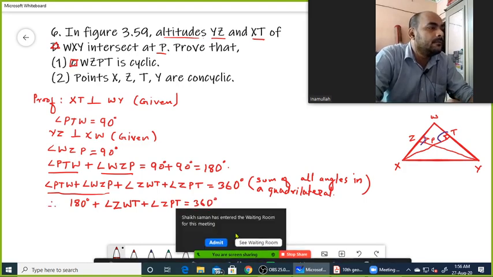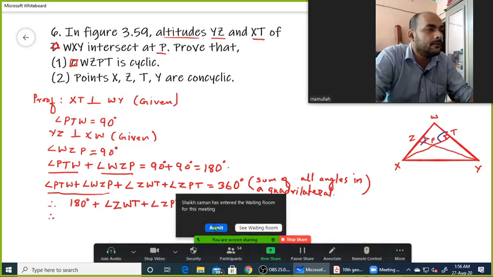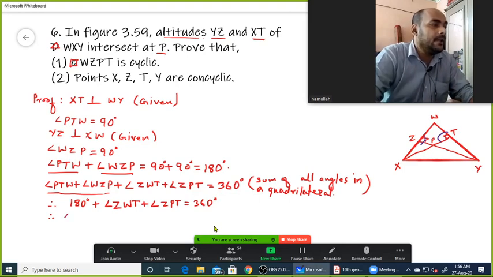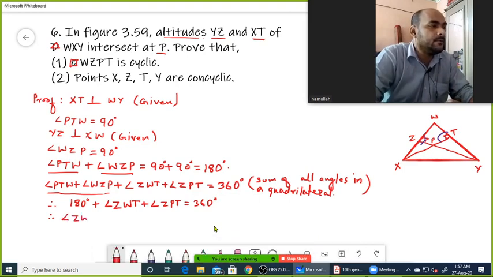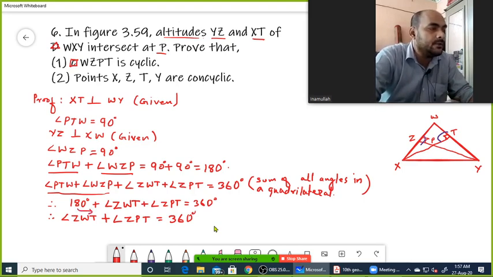Now I can keep angle ZWT and angle ZPT on one side and 360 on the other side of the above equation, and this 180 can be taken to the right hand side. Since it is positive 180 on the left hand side, it will become negative 180.